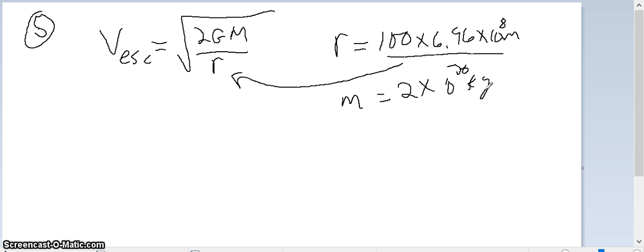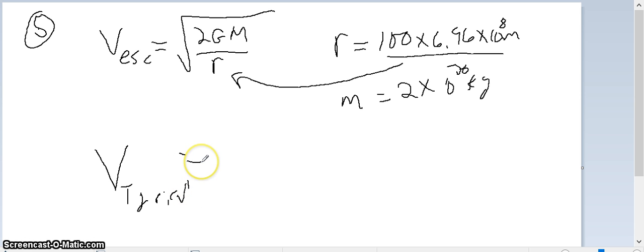They ask you to compare that to the escape velocity for a typical planetary nebula. So this is what you're comparing it to. The typical value, I'll call it typical, is about 20,000 meters per second.